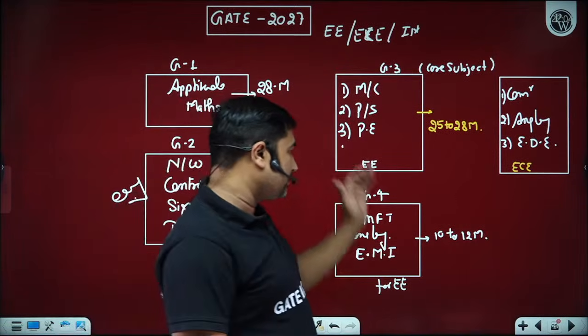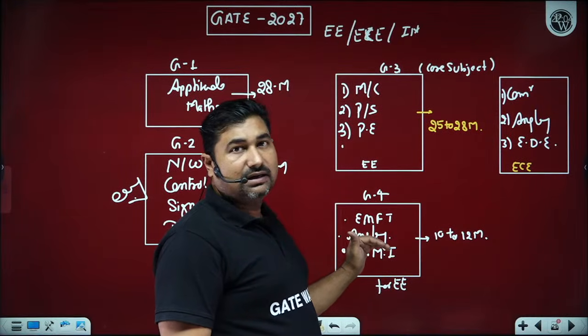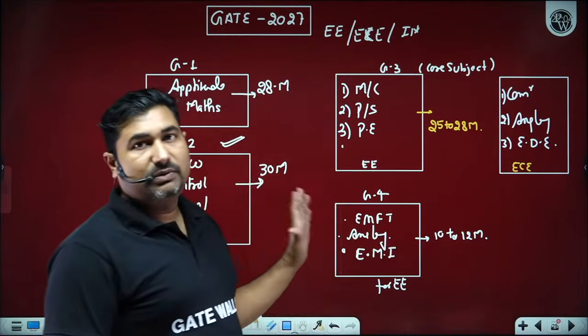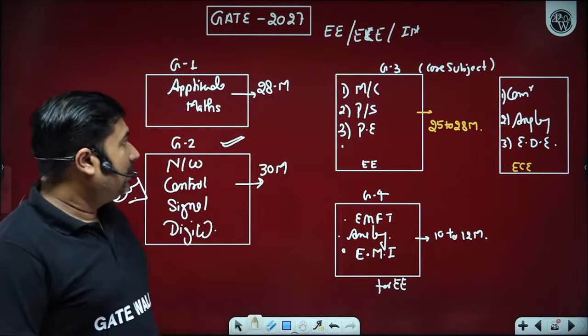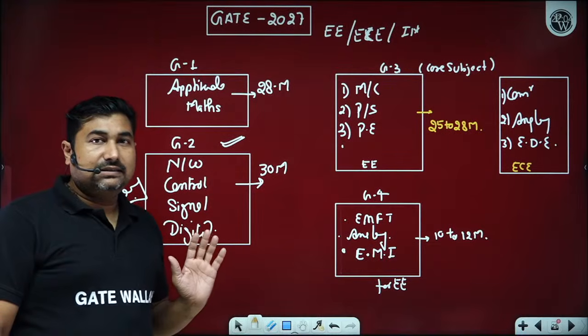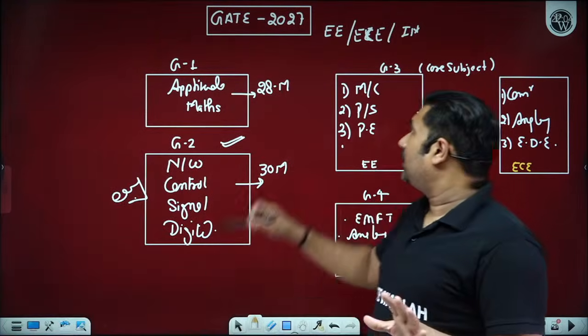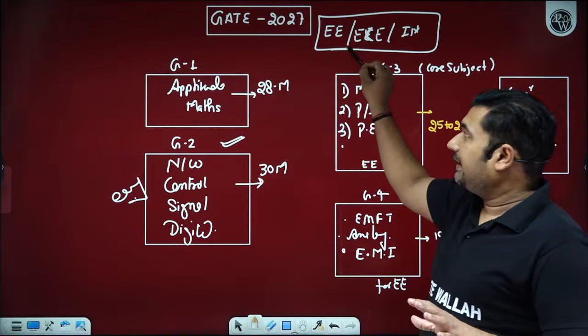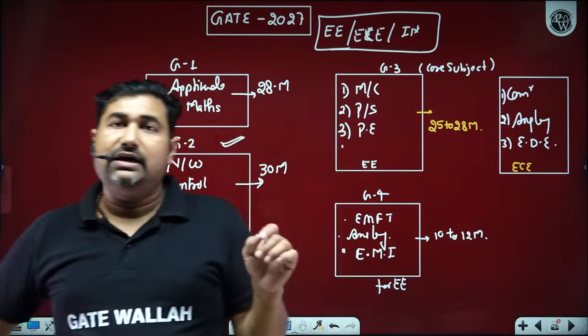If someone is from electronics, then EMFT, and there is CO, computer organization, you can keep it in group number 4. Hoping all of you are able to understand this. If you belong to these branches, in the same way you can define it for CS and IT as well.